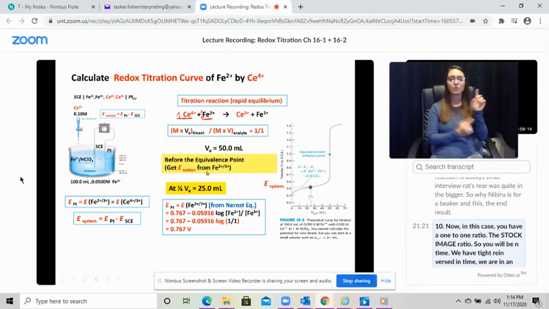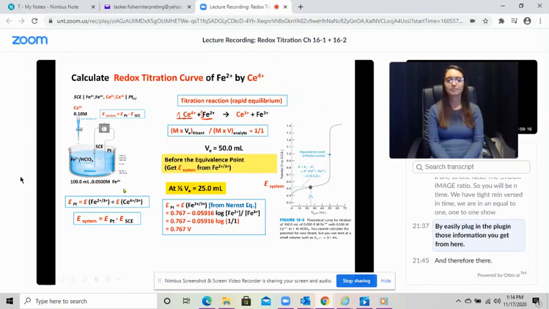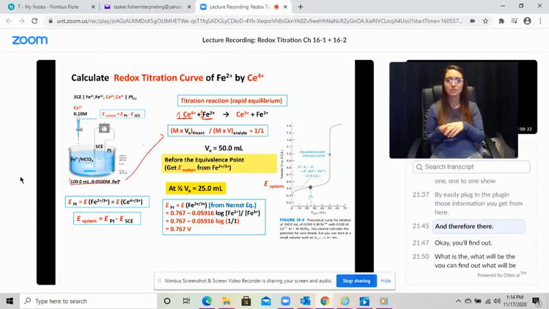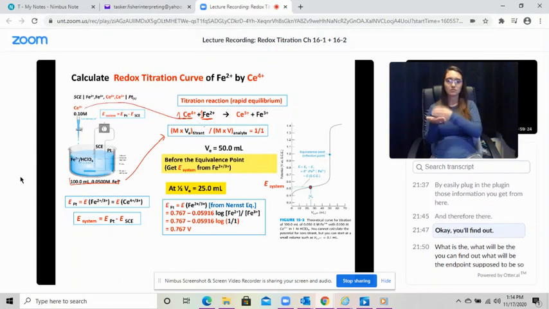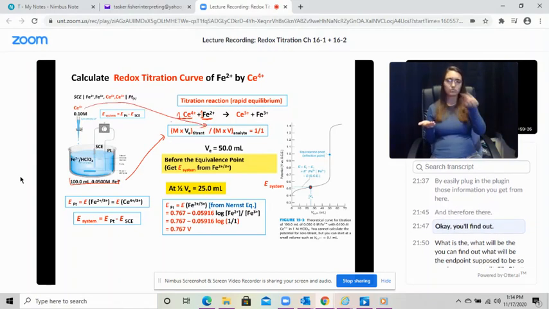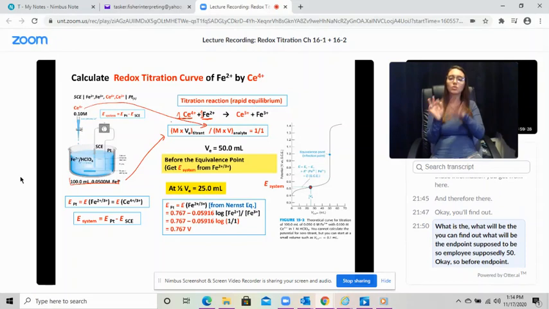So by easily plugging in the information you get from here and from there, you can find out what the endpoint is supposed to be. So the endpoint is supposed to be 50, okay?